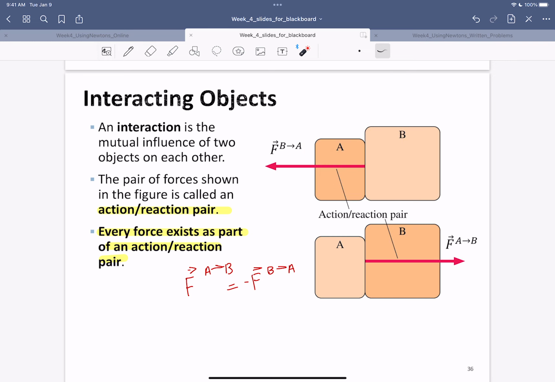And so the reason why in that problem the force that B felt wasn't the full 250 newtons is this. Think about a really heavy couch, or a really heavy object. If I pushed on that heavy object with 250 newtons, sure, it's going to feel 250 newtons.